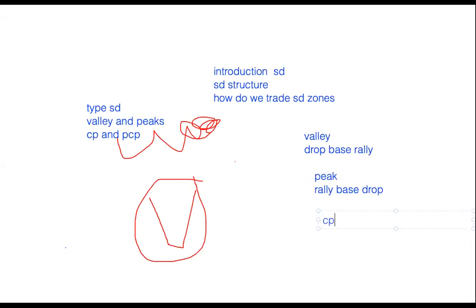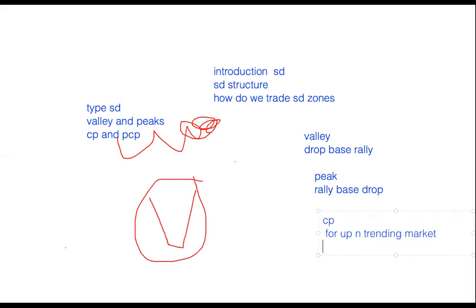For the upward trending market, the structure is rally, base, and rally. That means price rallies, it bases, that means the pause, and then it rallies. That's the meaning of CP.